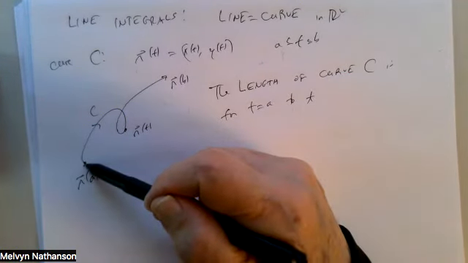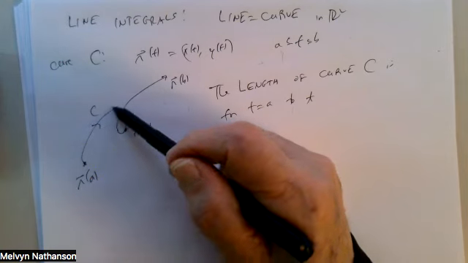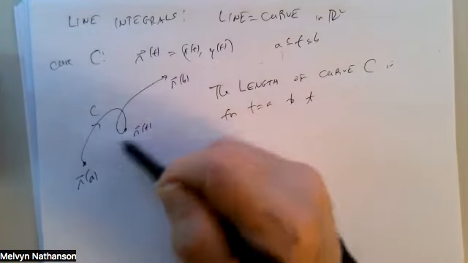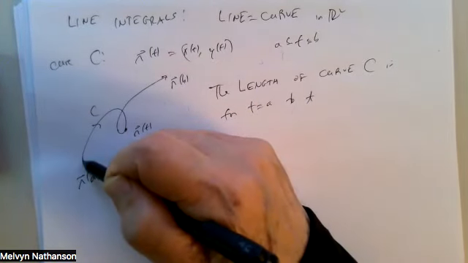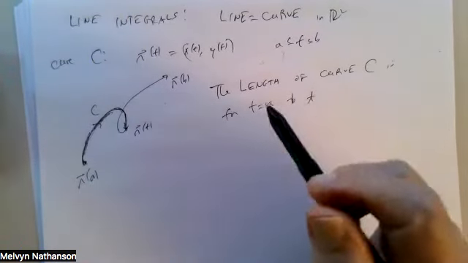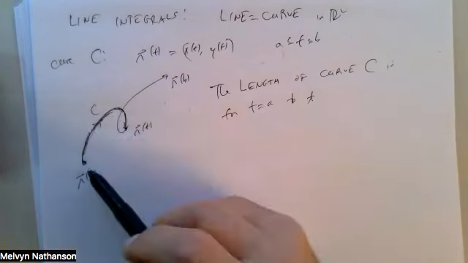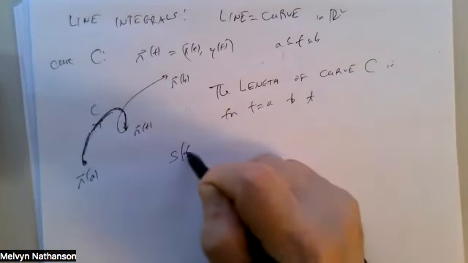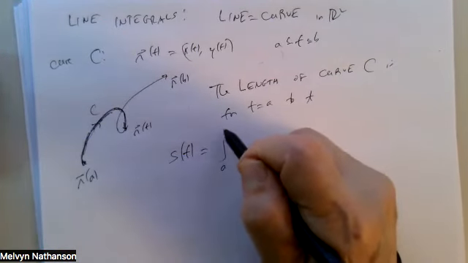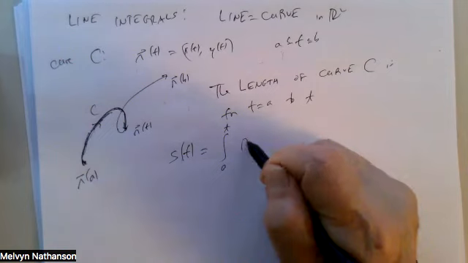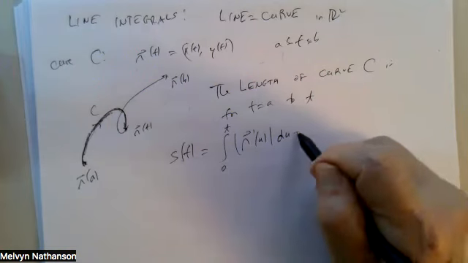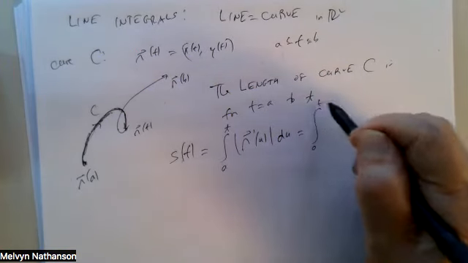And as t increases, the particle is moving along some curve in the plane. At t equal b, at the end, you end up over here. But at any given time t, you've moved some distance along the curve, and the distance you've traveled from time A to time t, we'll call s of t. And this is given by the integral from A to t of the absolute value of r prime of u, du, which is just another way of giving the length formula that we've seen before.